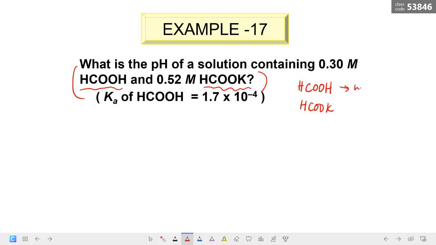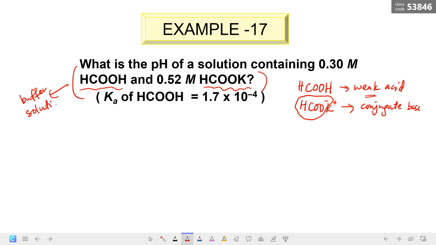Methanoic acid. So, this one is the weak acid. Dan ini adalah garam, potassium methanoate. Nampak? Jadi, HCOO minus ini datang daripada salt yang mana dia mengandungi conjugate base of the weak acid tu tadi. Jadi, ini adalah buffer solution.